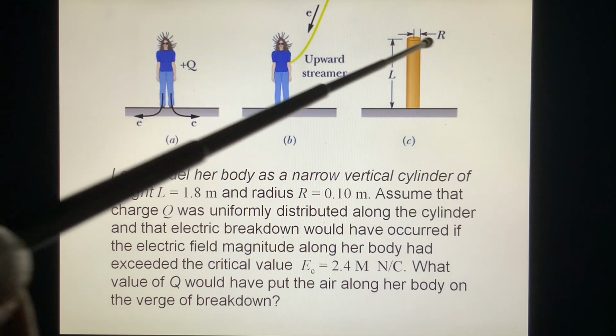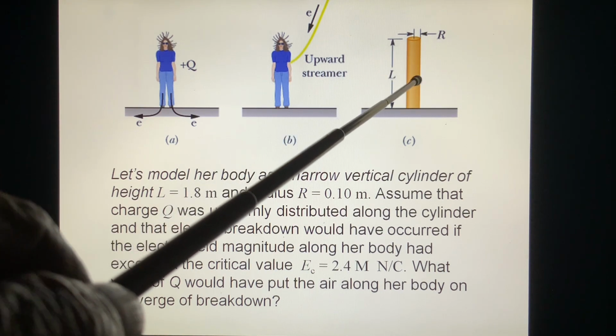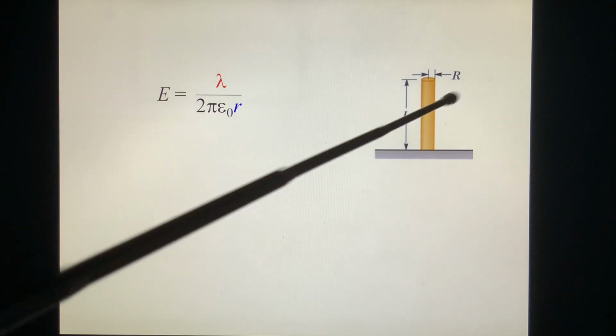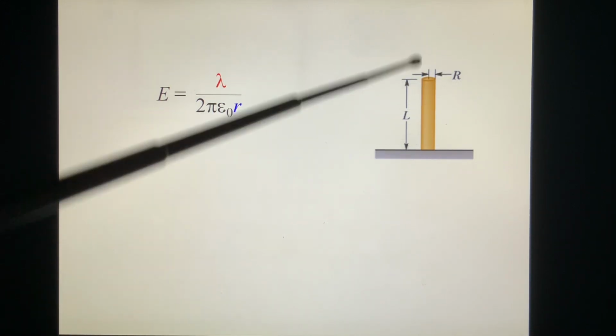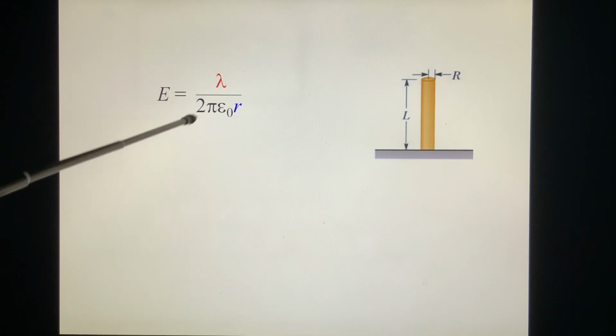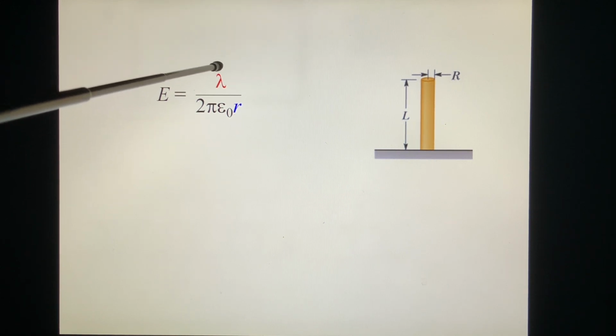Now, this is very vivid, like the person. Because it's a uniform charge, this is like a cylinder. E is lambda over 2 pi epsilon zero r. This depends on the charge, right?